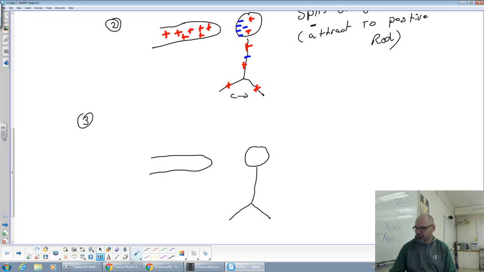So we still have the positive rod here, we still have the positives here, and we still have the negatives here. It's still neutral at this point. Now we take our finger, we touch this. Let's do it in black here.